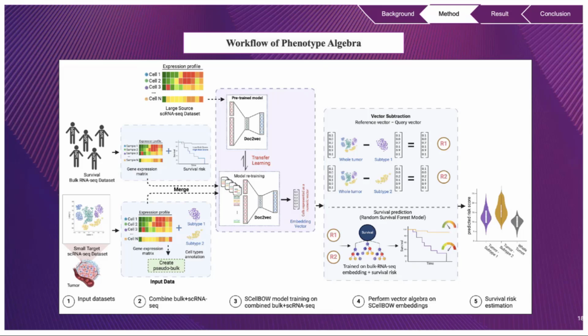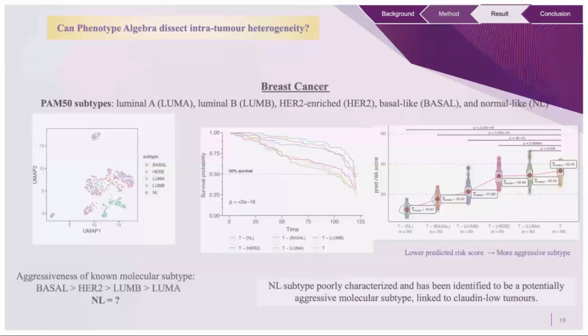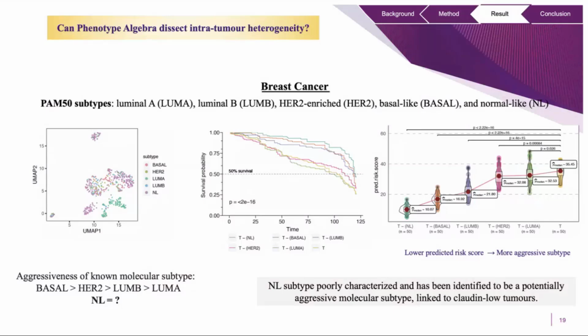So I have the pseudo bulk for each of the single cell subtypes, and it is calculating the aggressiveness of that based on the model that has been trained on the bulk embedding and the survival data. I know it is a bit complicated, but it will be more clear once I give this example.